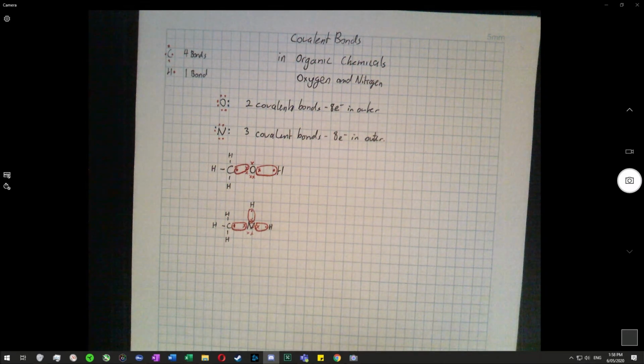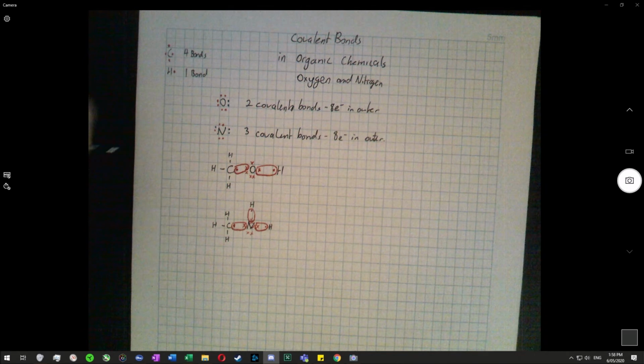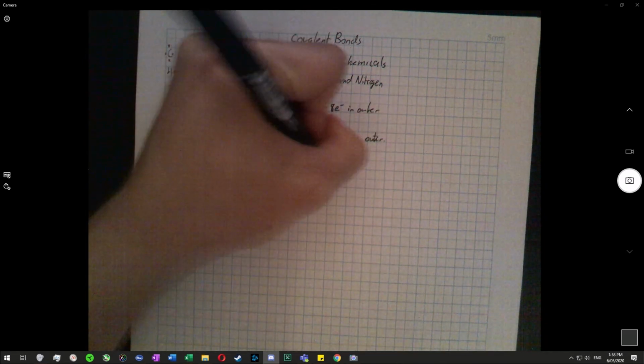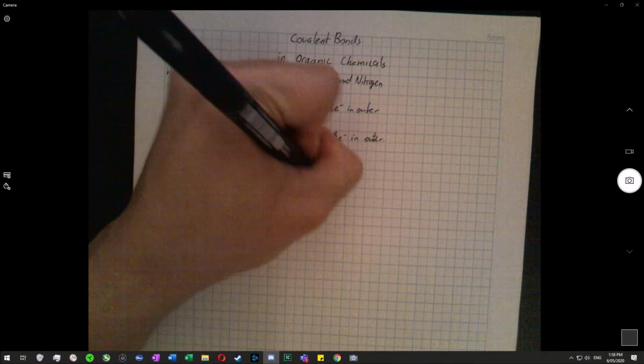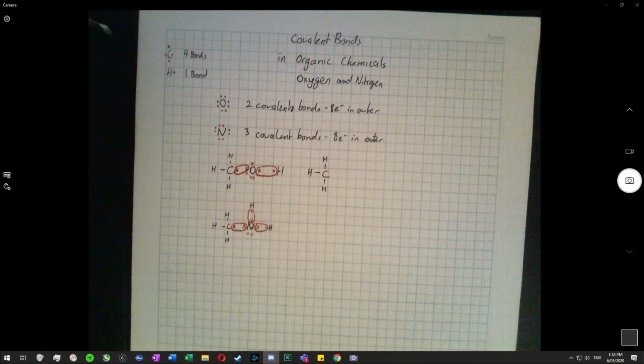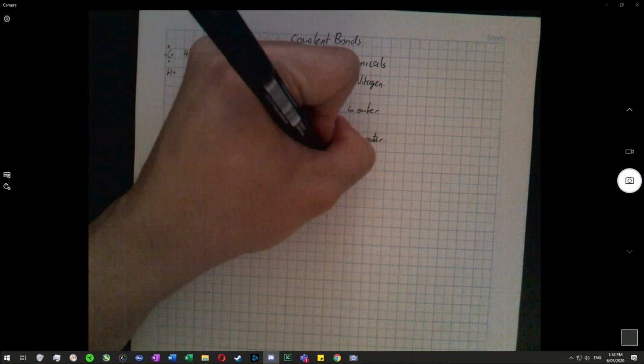There are other ways to draw up chemicals with our oxygens and nitrogens. Again, as long as it's got those 2 covalent bonds or 3 covalent bonds respectively, you can sort of make anything you want. So some other examples of things that you might see or encounter as we work through this unit is maybe rather than there being bonds with maybe 1 carbon and then the rest of them being hydrogen, there might be some other stuff going on as well.